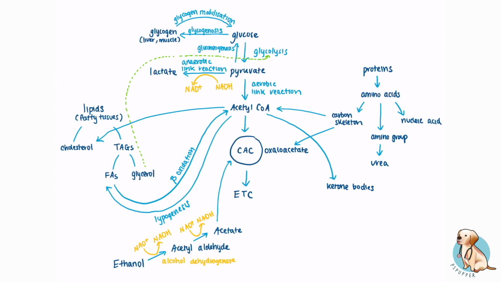Now we have a lot of NADH in the body, and what happens is it goes back to this anaerobic link reaction and powers this reaction because there's more NADH. Okay, so as a result, you're converting more pyruvate to lactate. And remember, if we have a lot of excess lactate, this is called lactic acidosis, and this is quite common in alcoholics. And we can remember that this is treated with sodium bicarbonate.